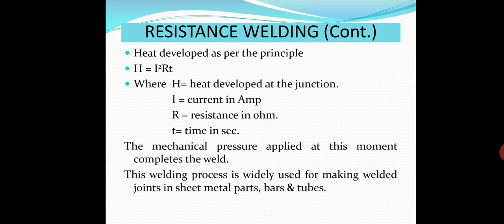So resistance welding is a pressure welding where, by applying electric current through the two metal pieces, a resistance is developed which develops heat, which is used to raise the temperature of the metal pieces to their fusion or melting point.